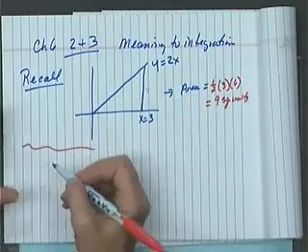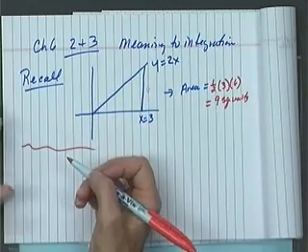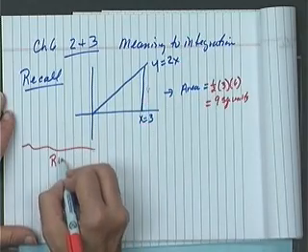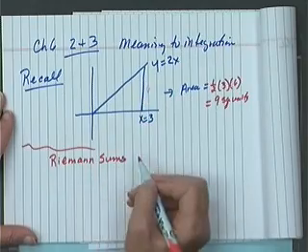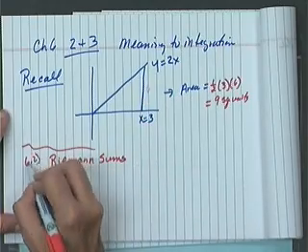So one way we can do it, and which is the understanding to get to the integrals, is what is called Riemann sums. And that's actually in section 6.2.